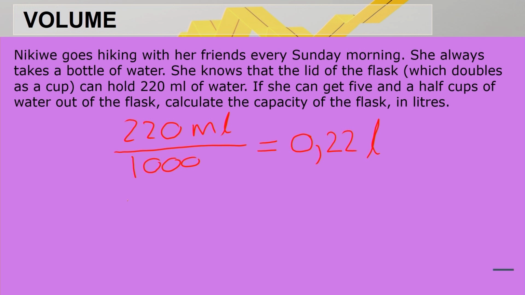So then we're going to say, well, she can fill it 5.5 times the 0.22, 5.5 times 0.22, and that is then 1.21 liters, meaning this flask can carry 1.21 liters of water.